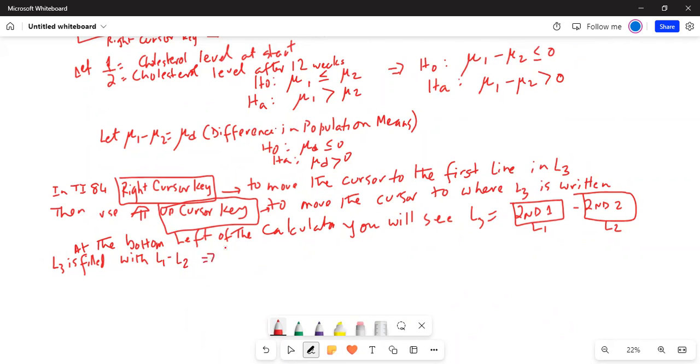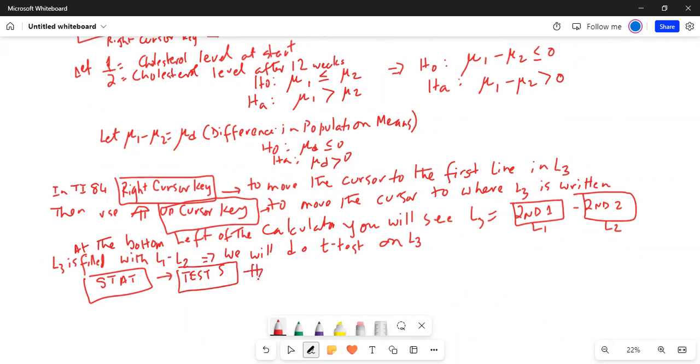Okay. So we will do hypothesis test. We will do t-test on L3. Okay, so press the stat button. Then test. Stat, then highlight test on the top row.